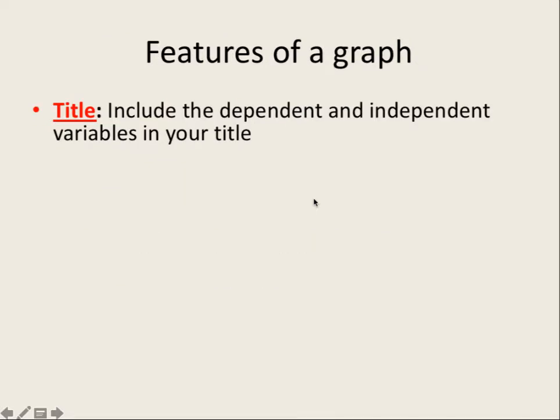So in terms of what we would see on a graph, we have the title, and if it's an experimental design, then it would mention both the dependent and independent variables in the title. Make sure your title is nice and descriptive. If you are doing X versus Y as a title, then that's completely inappropriate and doesn't really describe what your data is representing.